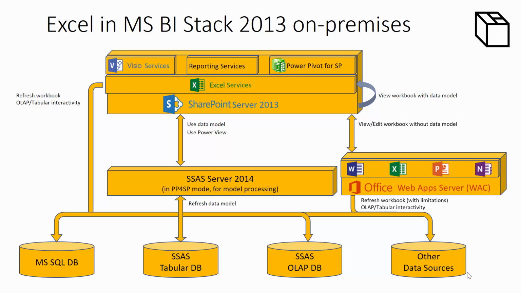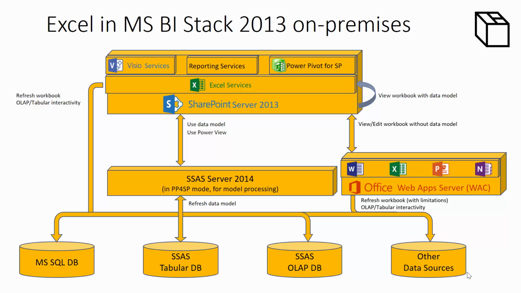In 2013, as I already mentioned, Office Web App Server, otherwise known as WAC, got introduced, and various Office web applications could run on it. But this server was never really part of the BI stack. A lot of organizations that focused on BI scenarios didn't even bother installing this server because they didn't see use for it.